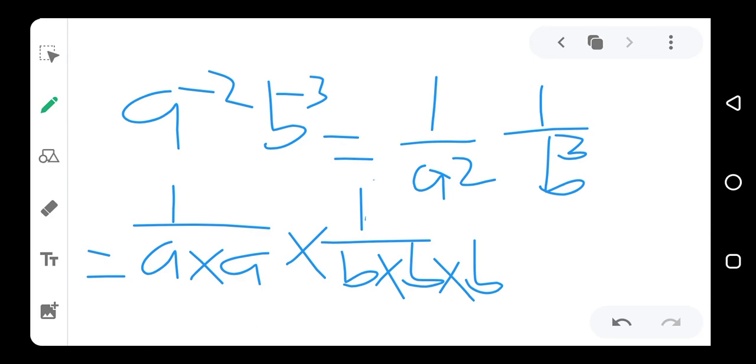So this is now equal to, we put everything that is on top. Here we have a numerator. The one on top is called numerator, and this one is denominator. So we times the numerator by numerator and denominator by denominator. So what is on top is 1 times 1, which is 1. Then what is down is a times b times b times b.